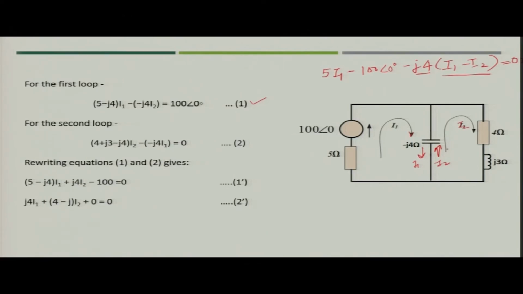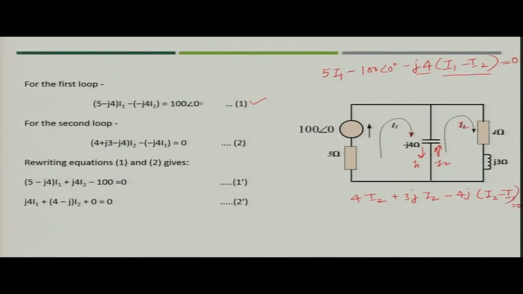Now, if you see the second mesh, the equation you can write, if you start with 4 ohm, you can say 4 into I2 plus 3j into I2, and then you come here minus 4j into I2 minus I1, and that would be equal to 0.